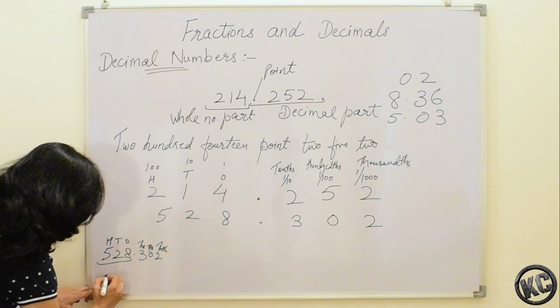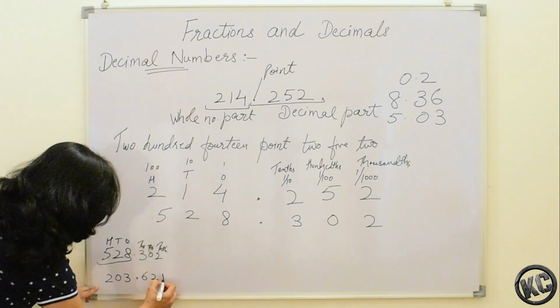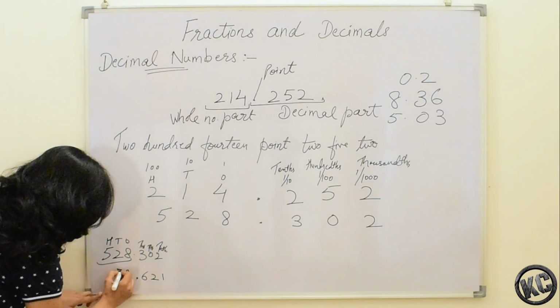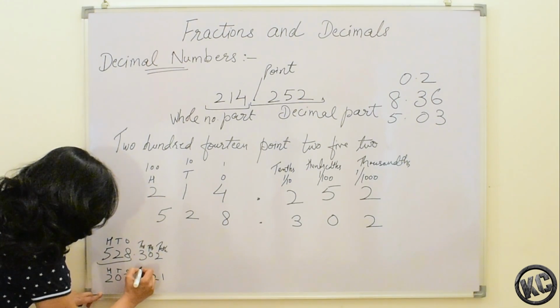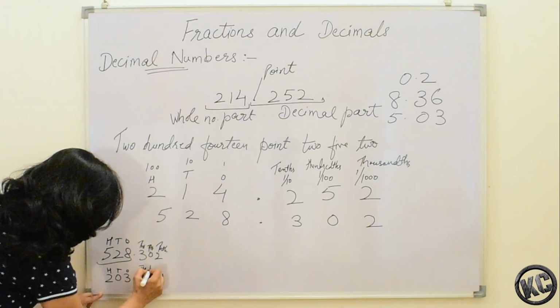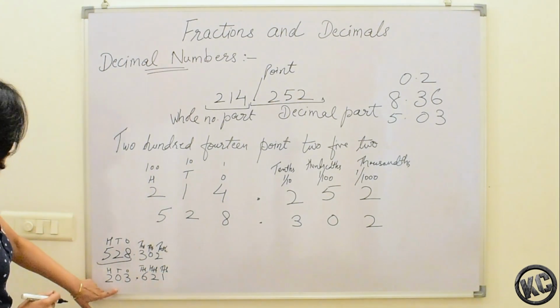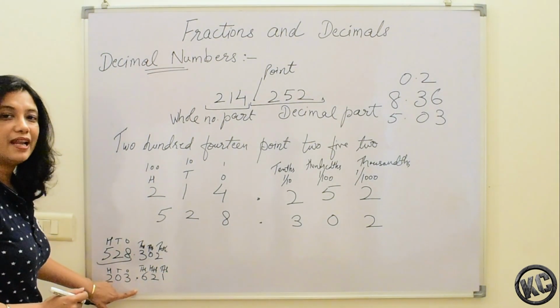Let's take another number. What we will do, we will write ones, tens, hundreds. Now this is tenths, hundredths, thousandths. Now how will we expand it?